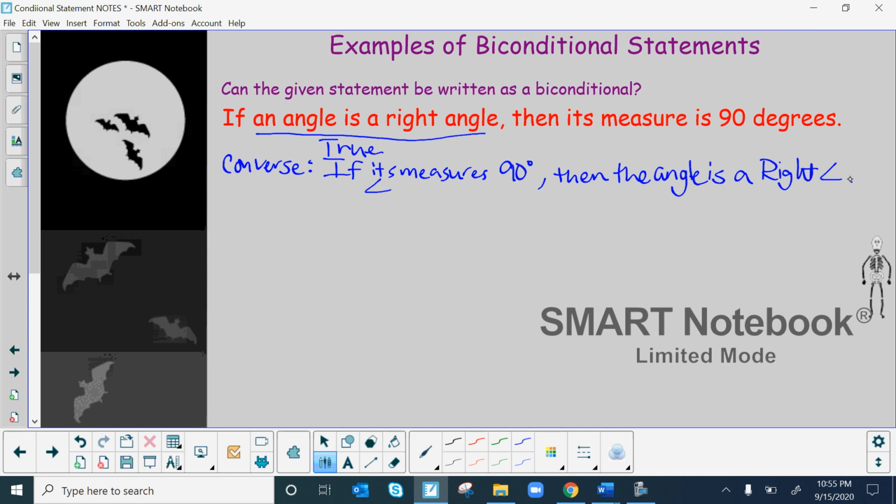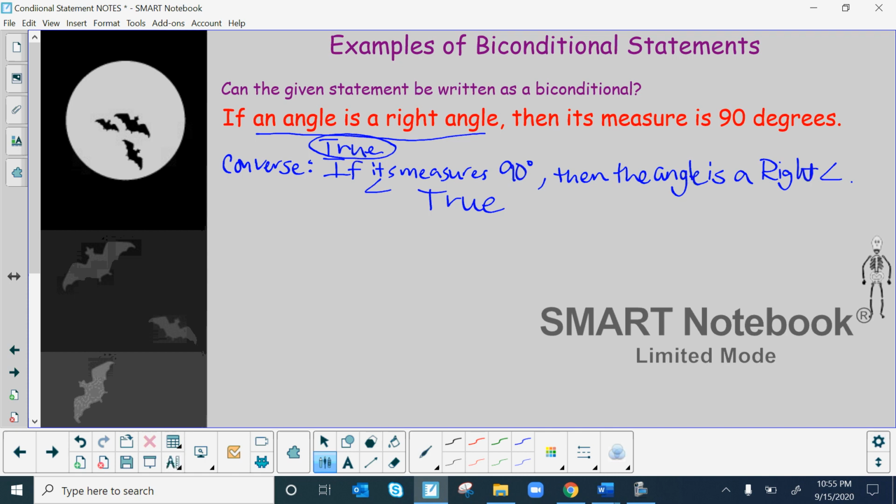Okay, so if there's this angle and it measures 90 degrees, then it's a right angle. Is there any 90-degree angle out there that is not a right angle? No. So you can't think of a counterexample, therefore that statement is true also.